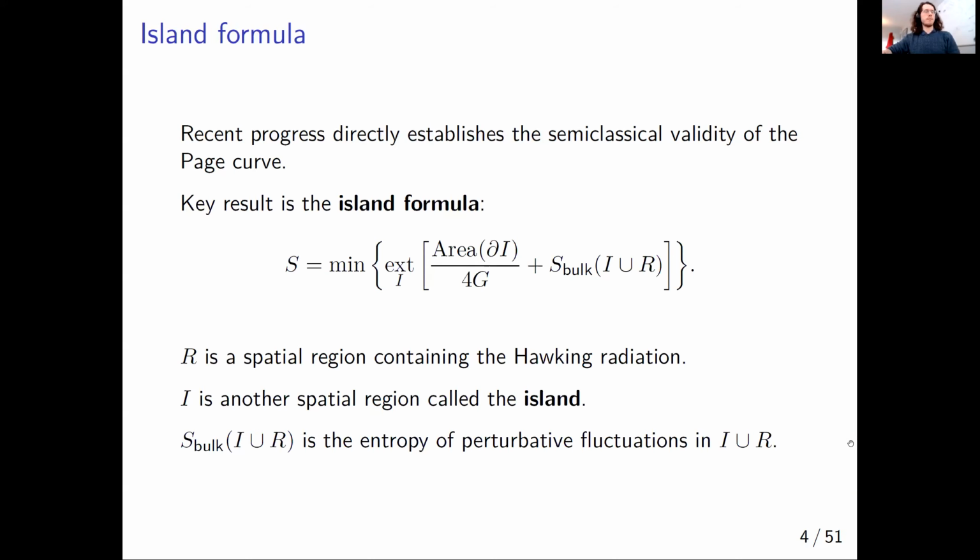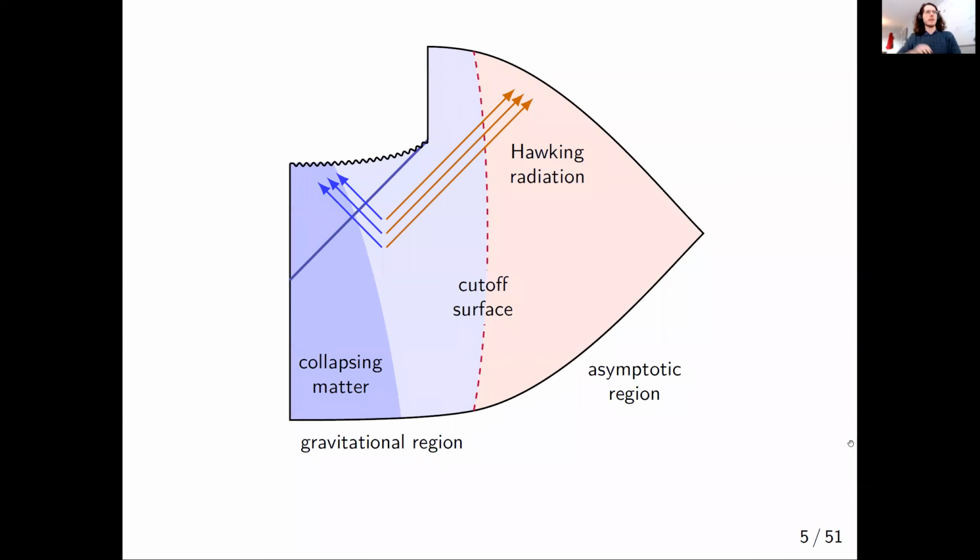It's useful to draw things on a Penrose diagram. So here's one. So we're going to divide space-time into a gravitational region and an asymptotic region coupled together at a cutoff surface, as is shown. And we assume that gravitational effects only play a role in the gravitational region.